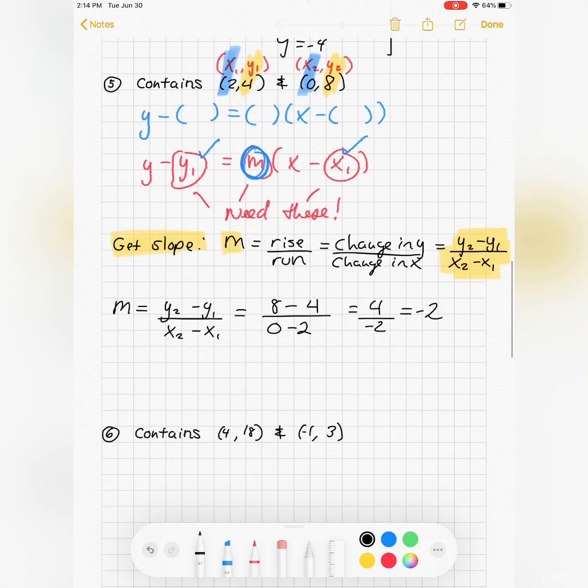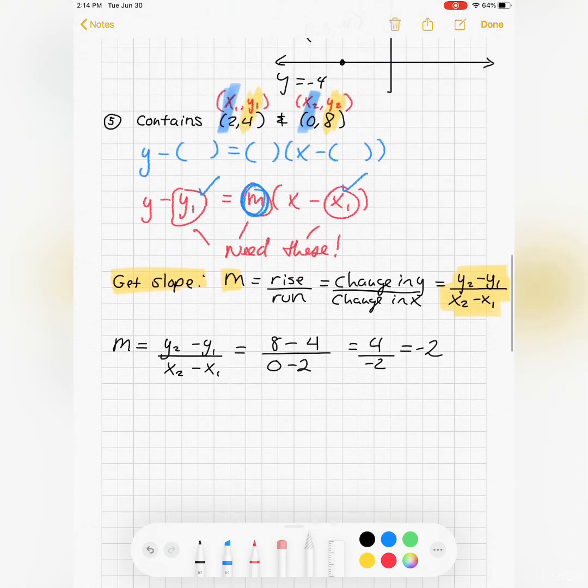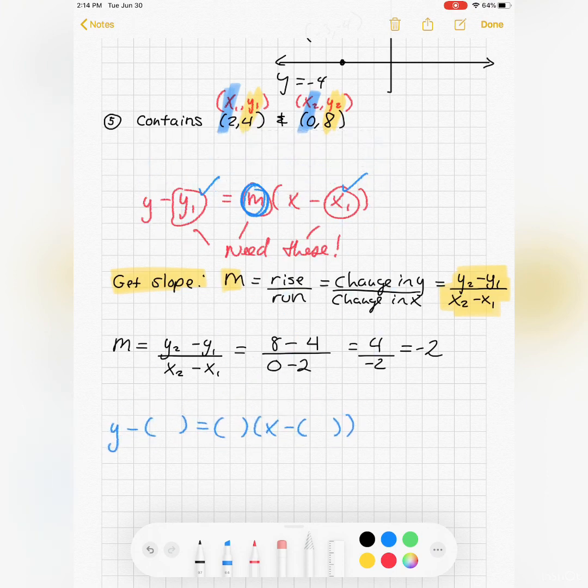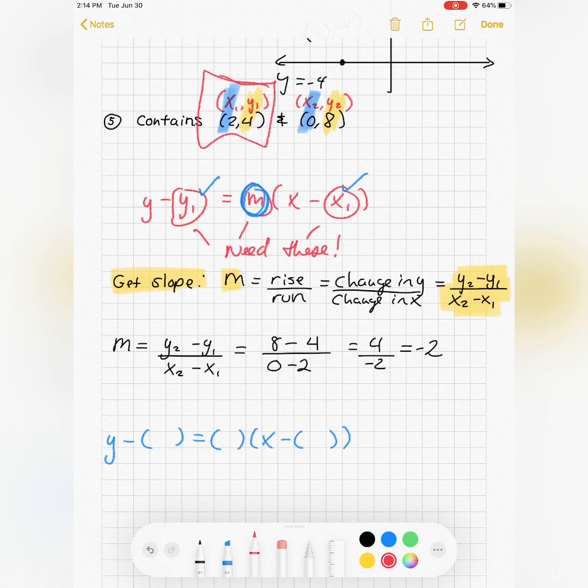So now I found the slope. I'm going to need more room. So now I'm going back up and I'm going to fill this in. Okay, so let me see. Here's my x1, y1. Here's my slope. So let's see, the y1 goes here, that's 4.